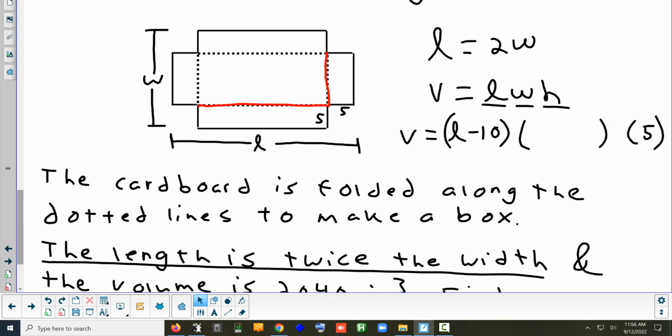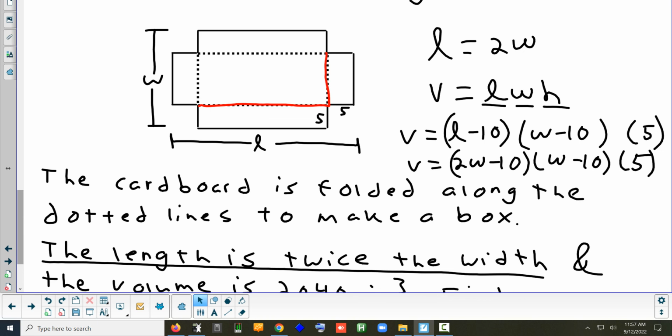Now, what's the width of my folded shape? W minus 10. Someone said we know L is 2W. So really, this is 2W minus 10 times W minus 10 times 5.